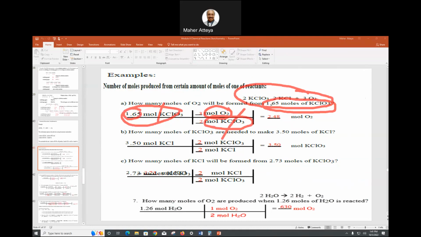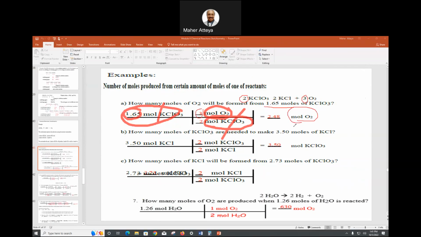If you look at this one here, you have 3 moles of oxygen to 2 moles of the reactant, so 3 to 2, correct? So 3 multiplied by 1.65, which was given to you, divided by 2 will give you the moles of oxygen.